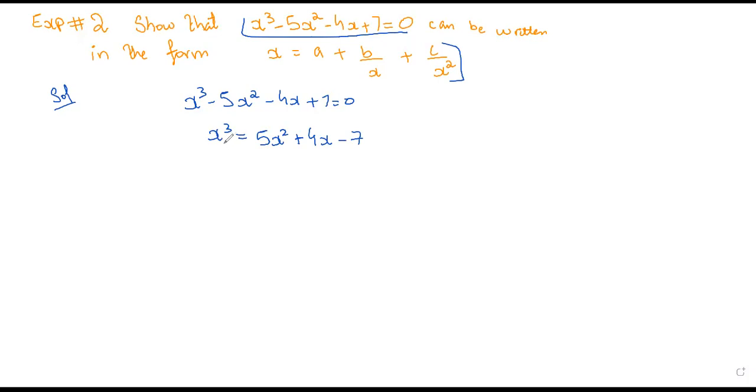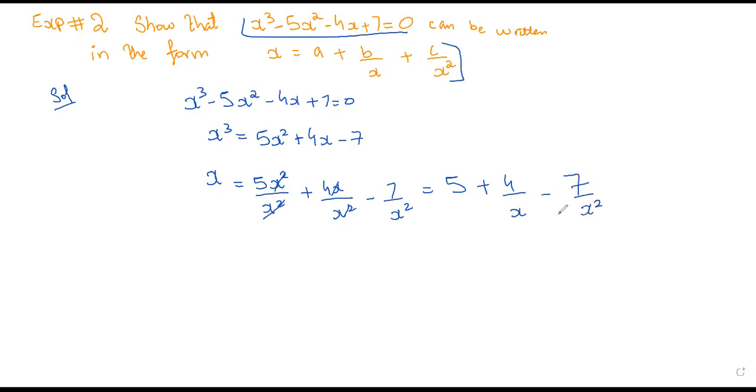Since it is x into x square because it is x cubed, let's take that x square to the right hand side. Since it is being multiplied here, it would be divided on the other side. So it would be 5x square over x square plus 4x over x square minus 7 over x square. So this is basically 5 plus 4 by x minus 7 by x square.